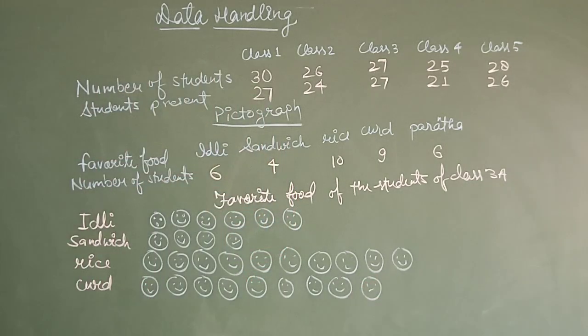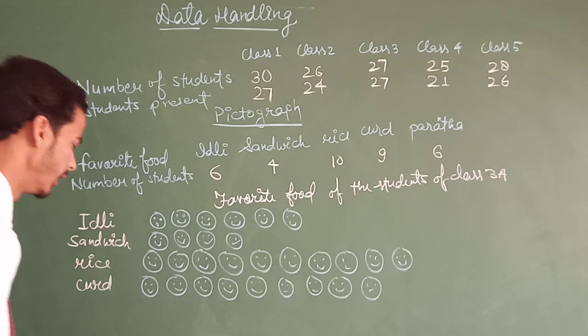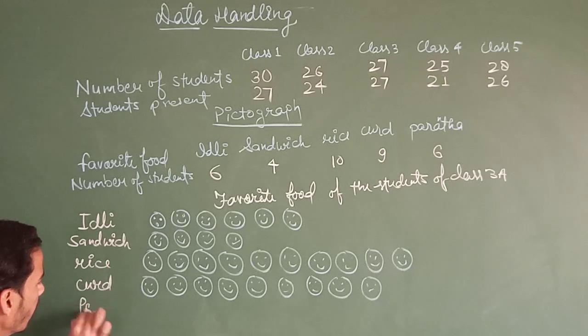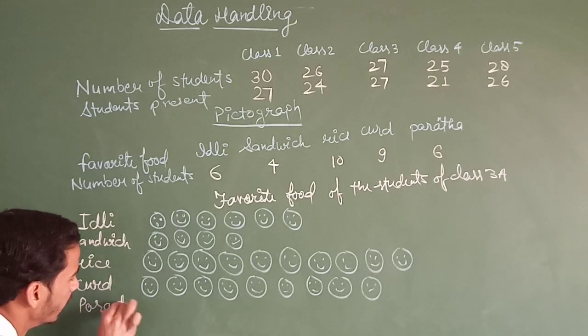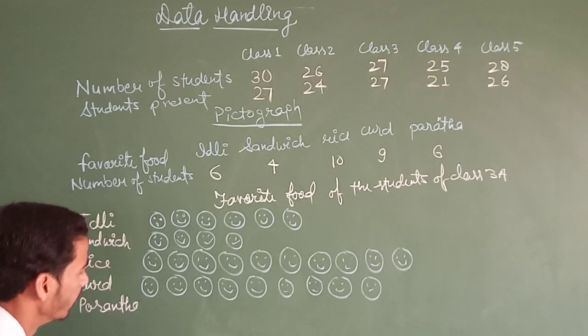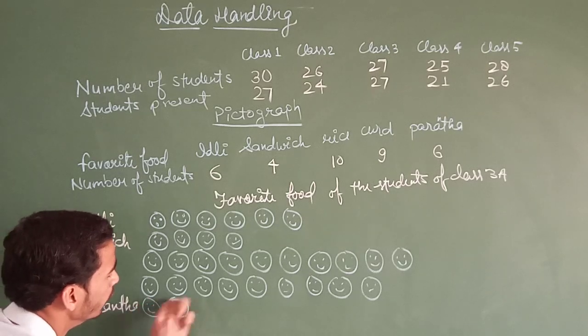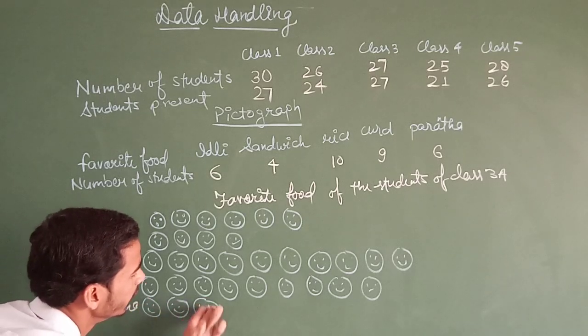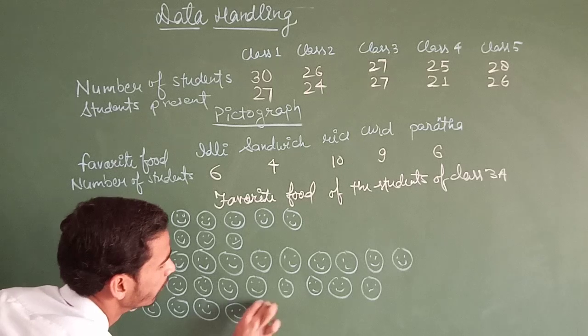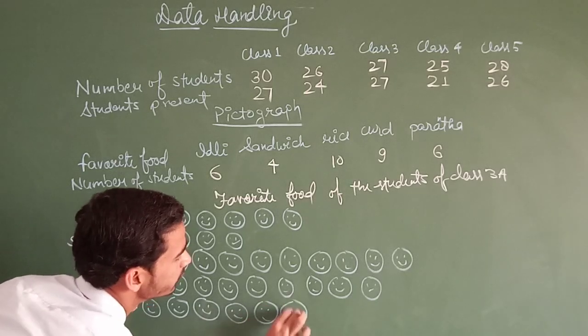And in paratha there are 6 students. 1 2 3 4 5 6.